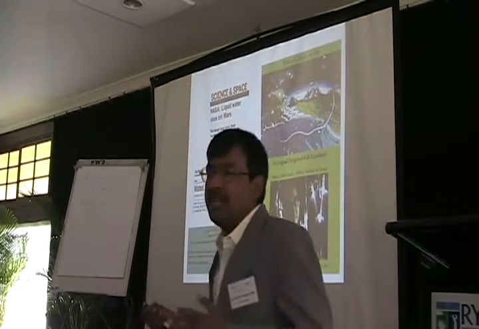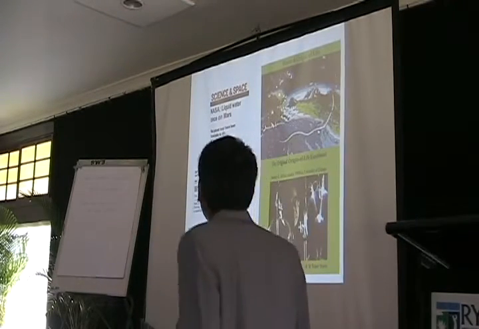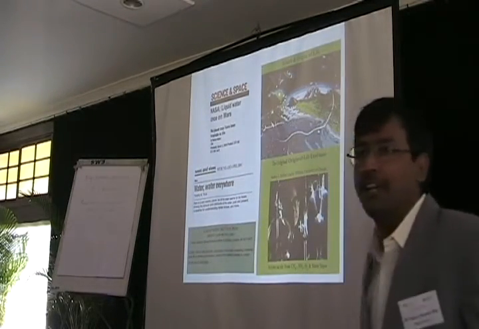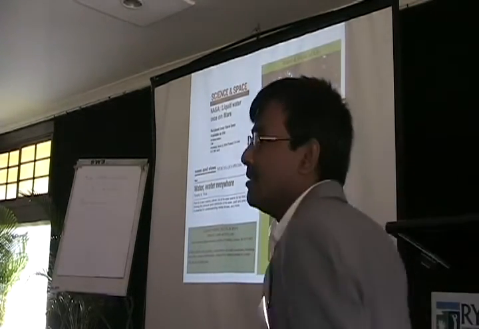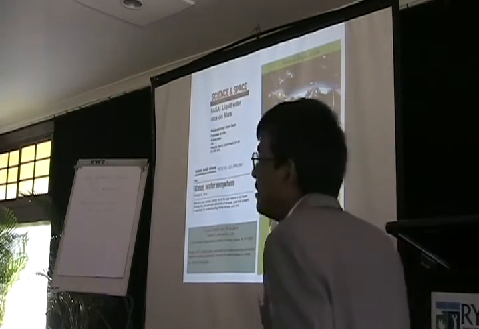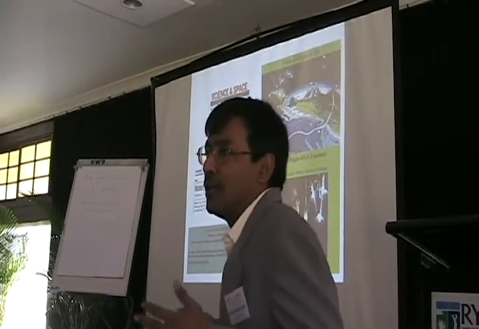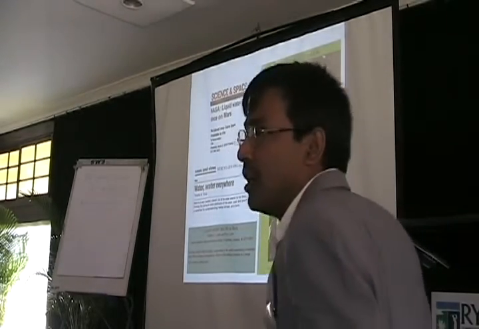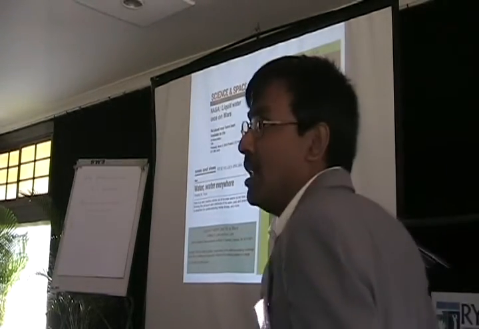If we consider the history of life on our planet, we will find something very interesting. If this axis is the time axis and these are the events going on on our planet, you will find that after the cosmological events, water came to our Earth.